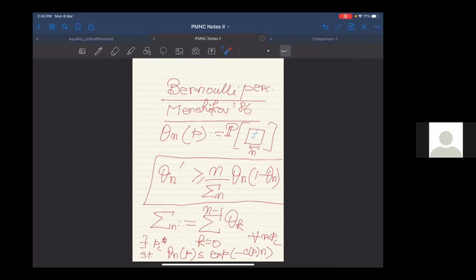And that really involved, in a good way, the independence of the underlying model, and that was not robust enough to extend to other related, but nevertheless dependent, models like random cluster models.